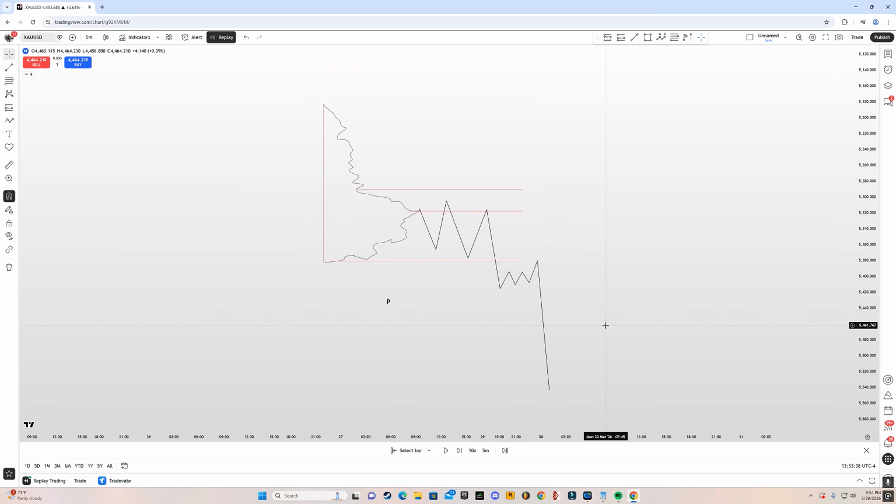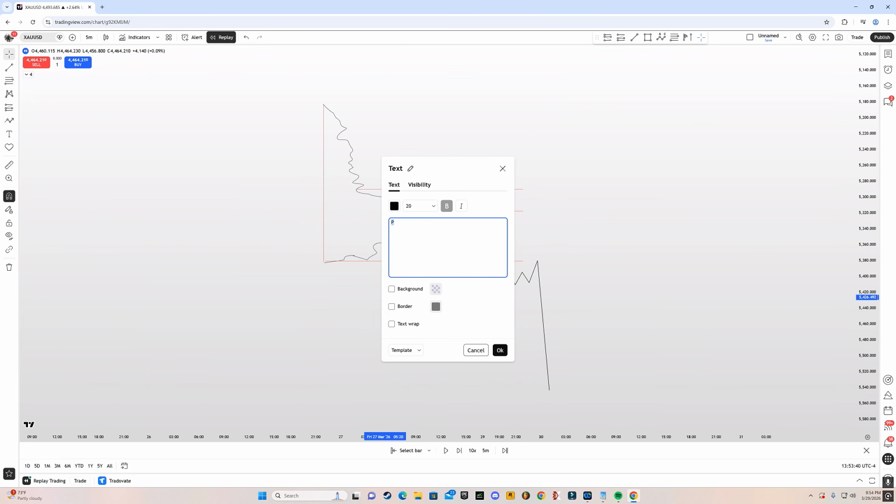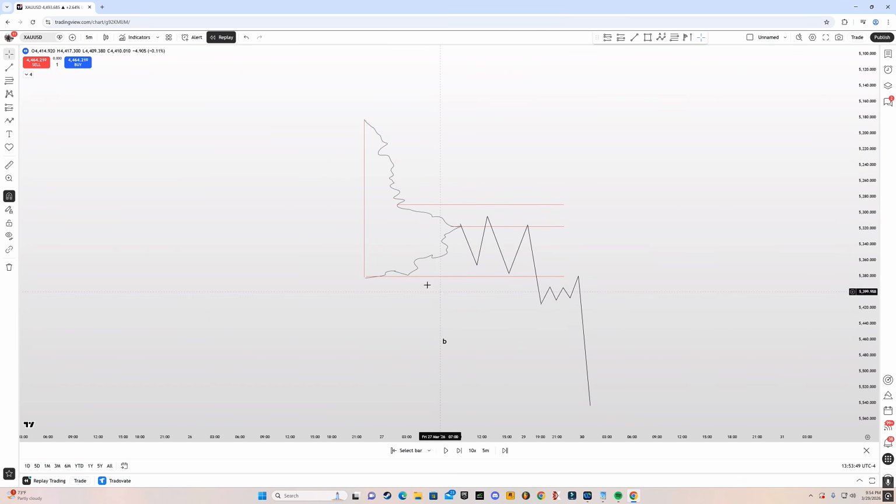And finally, we have B shape. Sorry, B, okay? So in B shape, the sellers have been in control for the day. The volume that was here was not accepted, okay? That is why it's called value area high in this case. And the point of control is here.